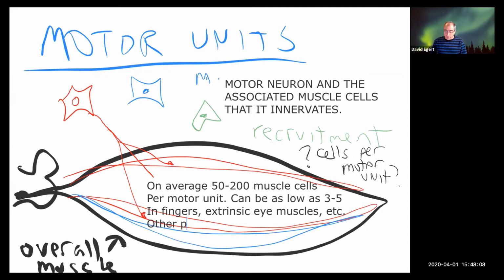Other places, like the gastrocnemius, your calf muscle, could be 500. Your calf muscle, the thing that puts you up on your toes, doesn't need really fine control. There you might be adding or subtracting 500 muscle fibers at once when you recruit or unrecruit the motor units. So that makes sense.